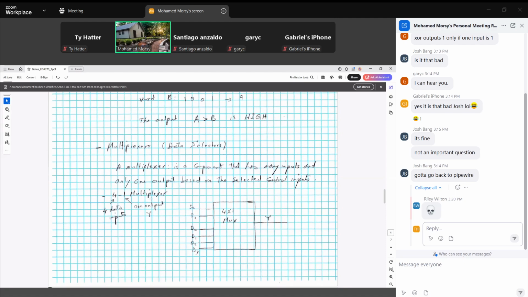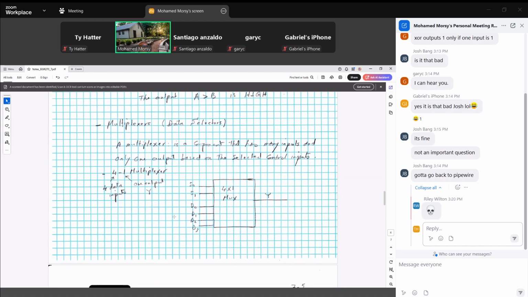Multiplexer, we discussed the multiplexer before when we did the lab. It's also called data selector because a multiplexer has many inputs, and based on the control inputs or select inputs, S0 and S1, we pick up one of these data inputs, either D0 or D1 or D2 or D3, which appears at the output.